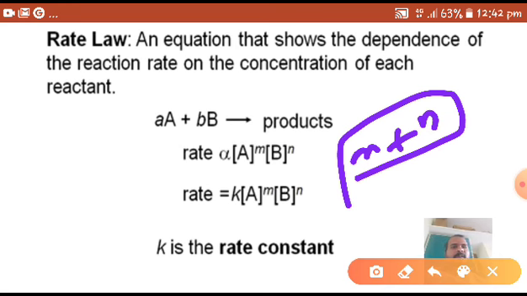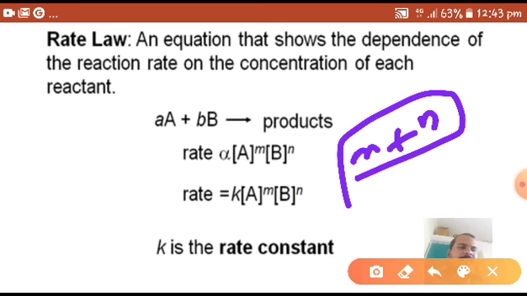So rate law is an equation that shows the dependence of the reaction rate on the concentration of each reactant. An experimentally determined mathematical expression relating the molar concentration of reactants to the actual reaction rate is known as rate law. So it should be experimentally determined.